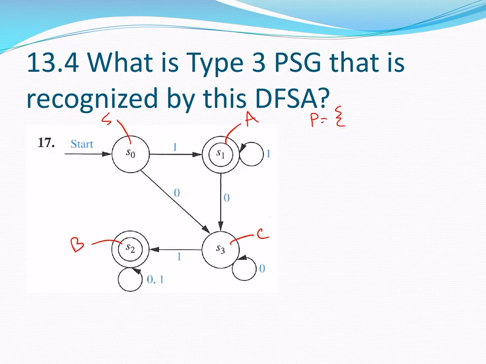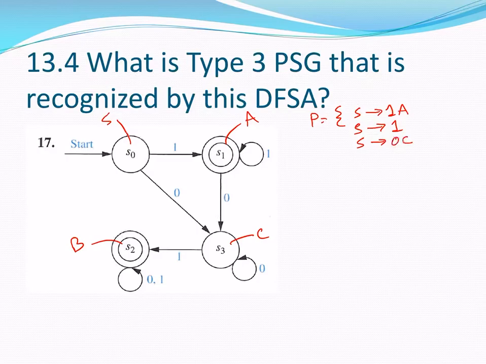I'll start with S. So S produces 1A since it goes to state S1 upon input of 1. But since state A is final, S also produces 1. S produces 0C, but since C is not final, S does not produce 0. I don't have S producing lambda since state S0 is not final.